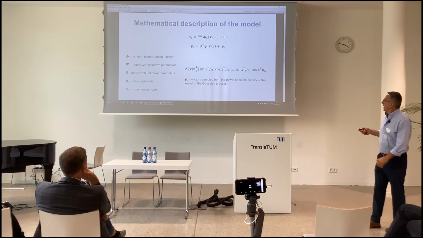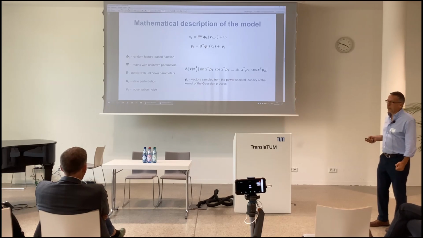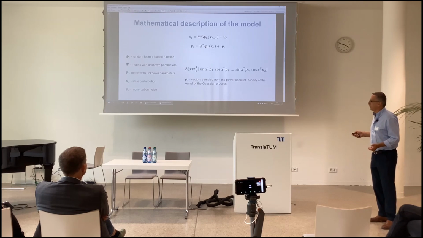In brief, we use something that we call random feature vectors, phi(x), that are represented by this vector here. Remember, the x's are now these hidden states, and rho are vectors that are sampled from the spectral density of the kernel of the Gaussian process.